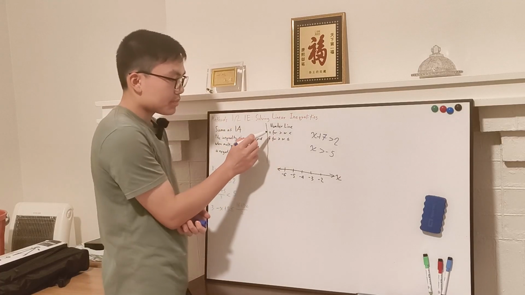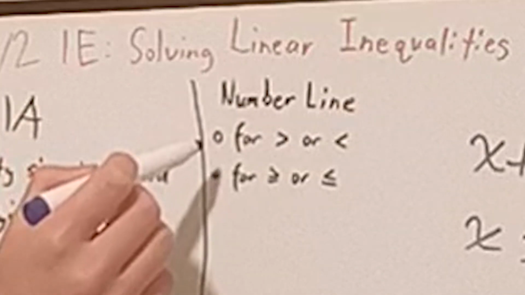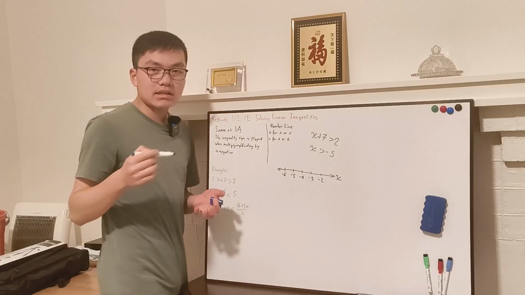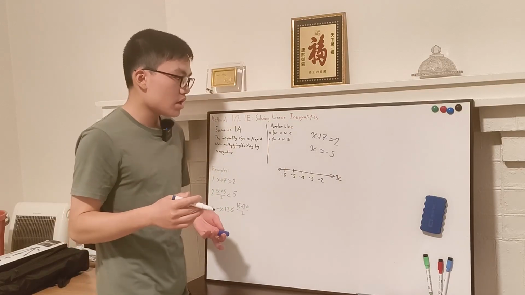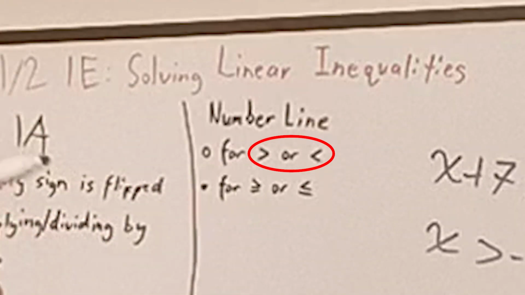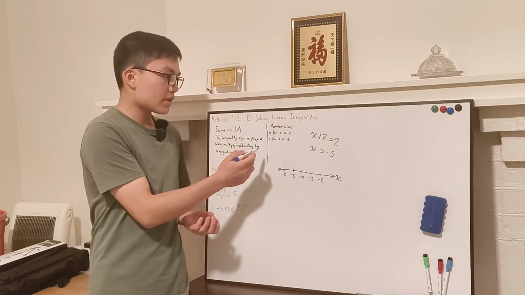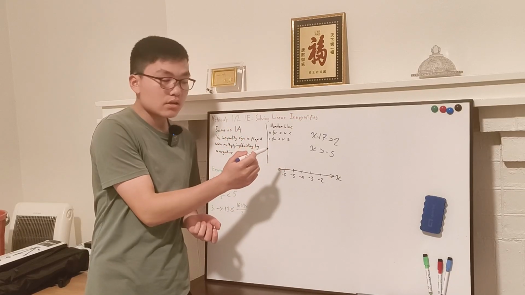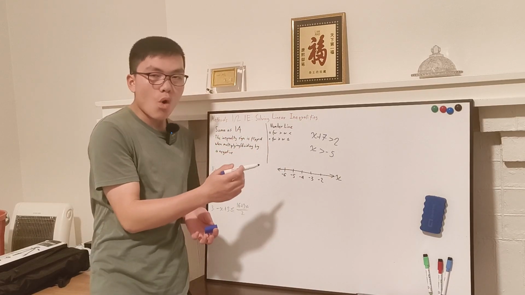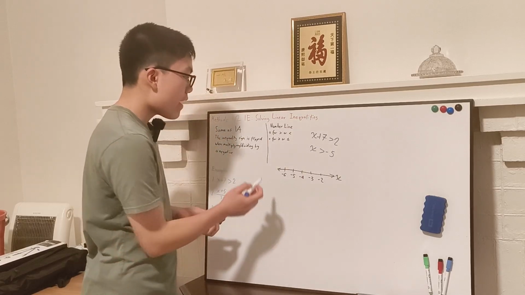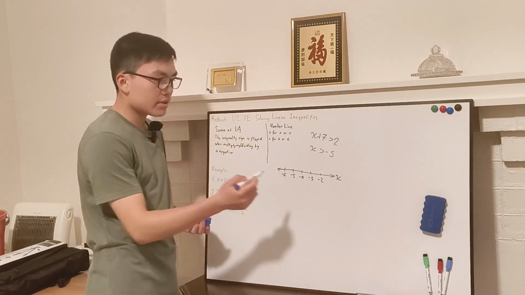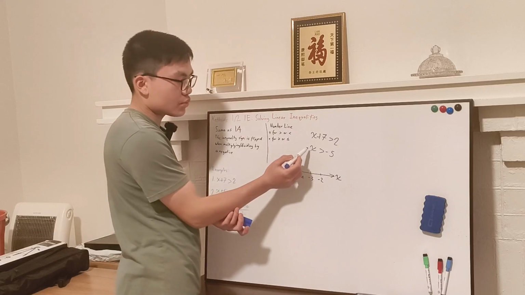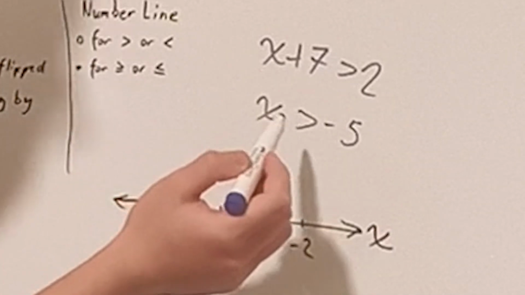Now we need to read this part. A hollow dot represents any line which has a more than or less than symbol. For lines involving a more than or equal to or a less than or equal to symbol, we draw a filled dot. Now let's take a look at this one. x is more than minus 5.